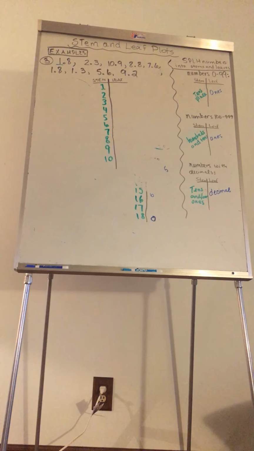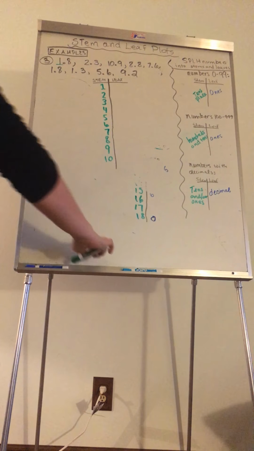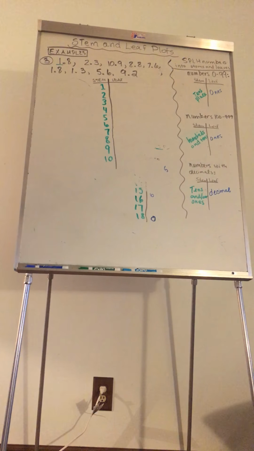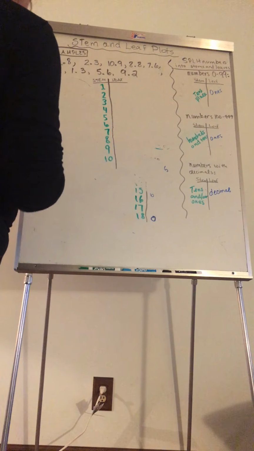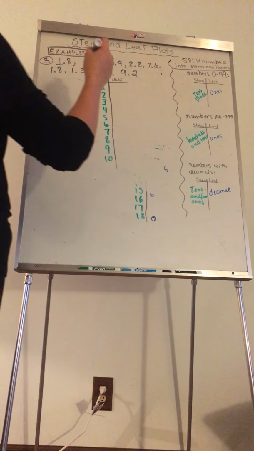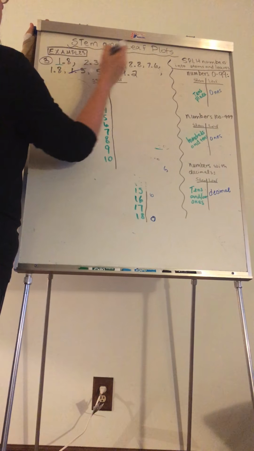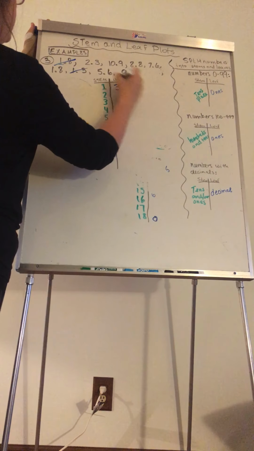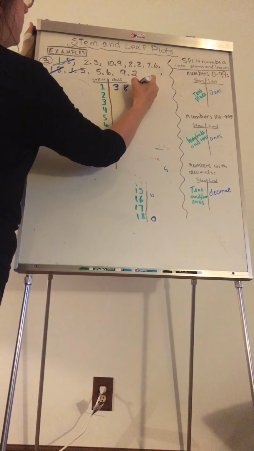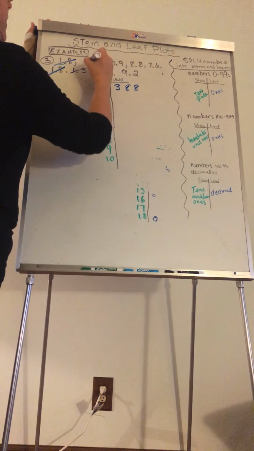Now I can go about writing my leaves, and that's just the decimal point. Let me find my smallest number. It's going to be 1.3. I'm going to write a 3 here. Then I've got 1.8, and then 1.8 again. Do I have any 2s? I've got 2.3.